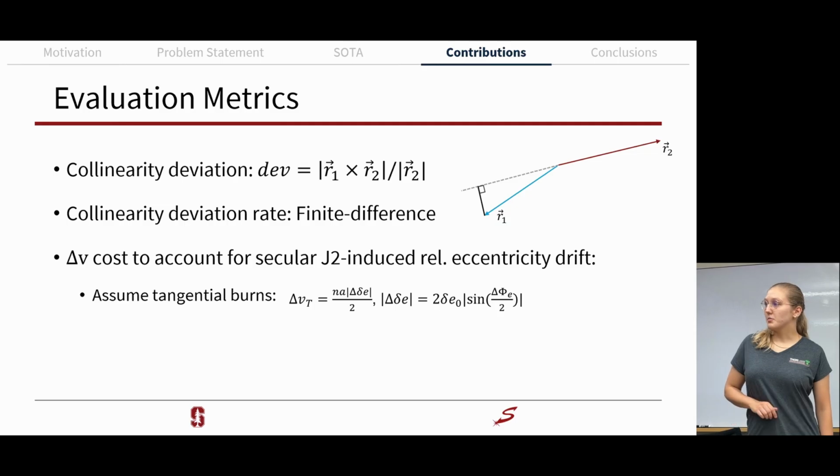You're probably more than familiar with this, yet I still wanted to bring it up here, assuming tangential burns because they couple the most efficiently to our delta R, T, and N. Delta V is precisely given by this formula, and the change of the relative eccentricity over a certain amount of time is proportional to its original relative eccentricity and then how far the eccentricity phase has shifted due to the J2 effect.